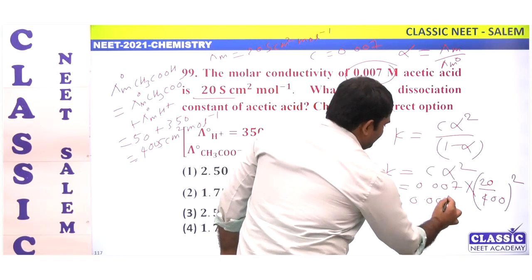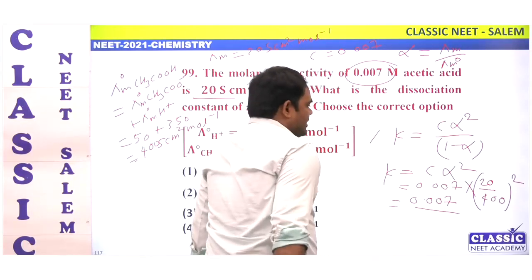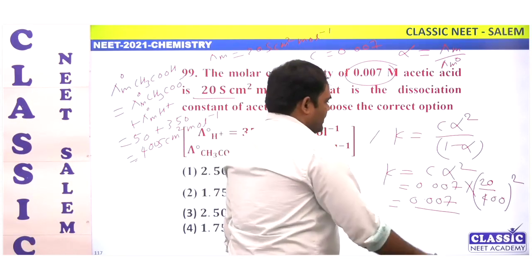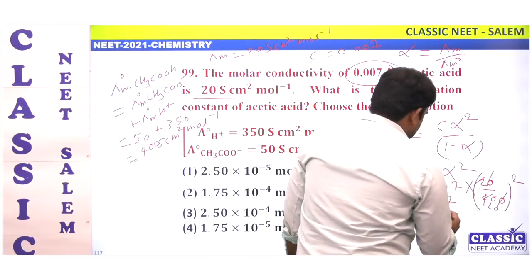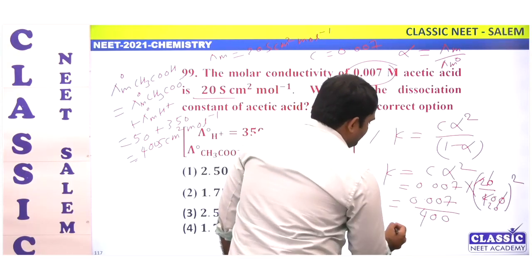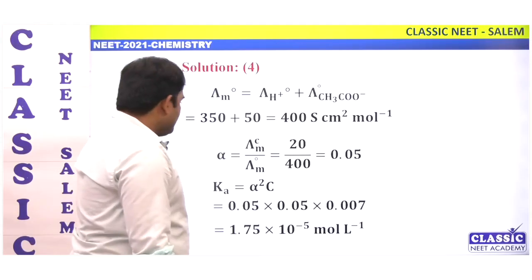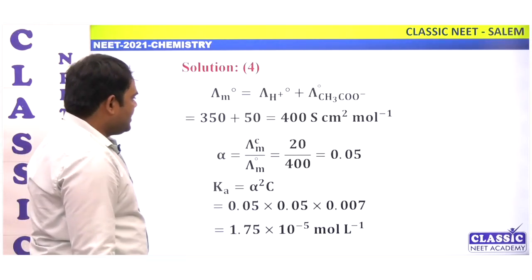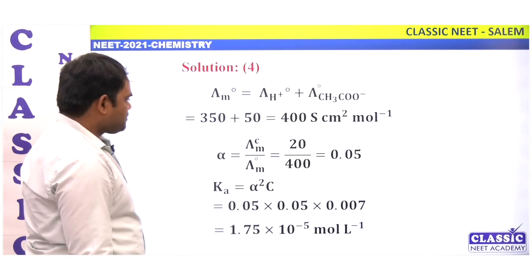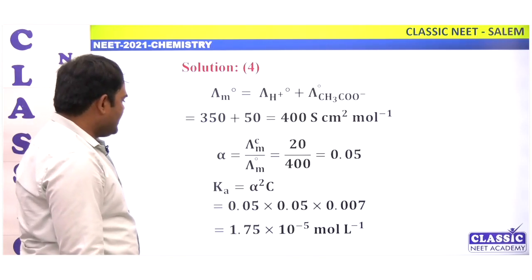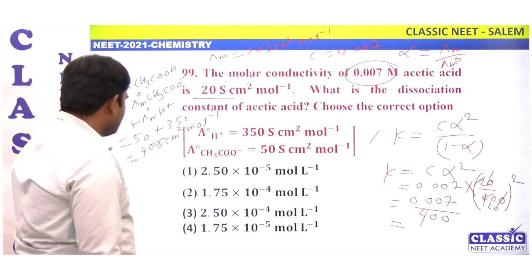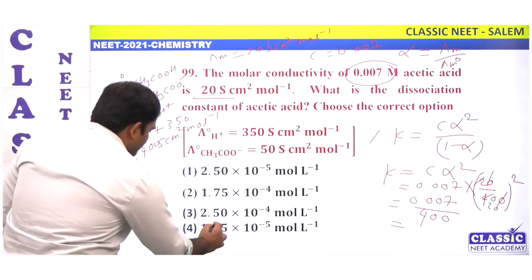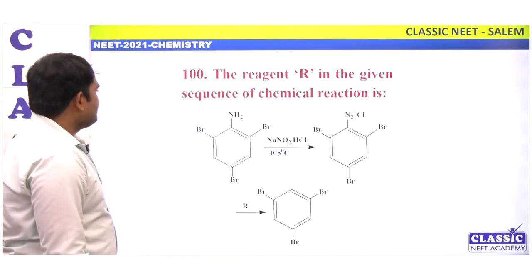On solving, this will cancel out. So 20, then ultimately once again 400. Once we calculate that, we will get the answer 1.75 into 10 to the power minus 5. So the fourth one is our correct answer.